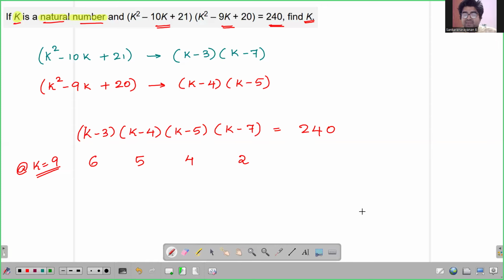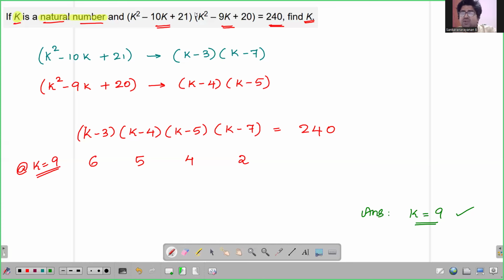So for this question, they are asking you to find the value of k. I can clearly see that k is equal to 9. That is our answer. All right. Because the number 240 is quite handy, you can simplify or factorize it, express it as a product of four numbers, and see how the value can be tweaked.